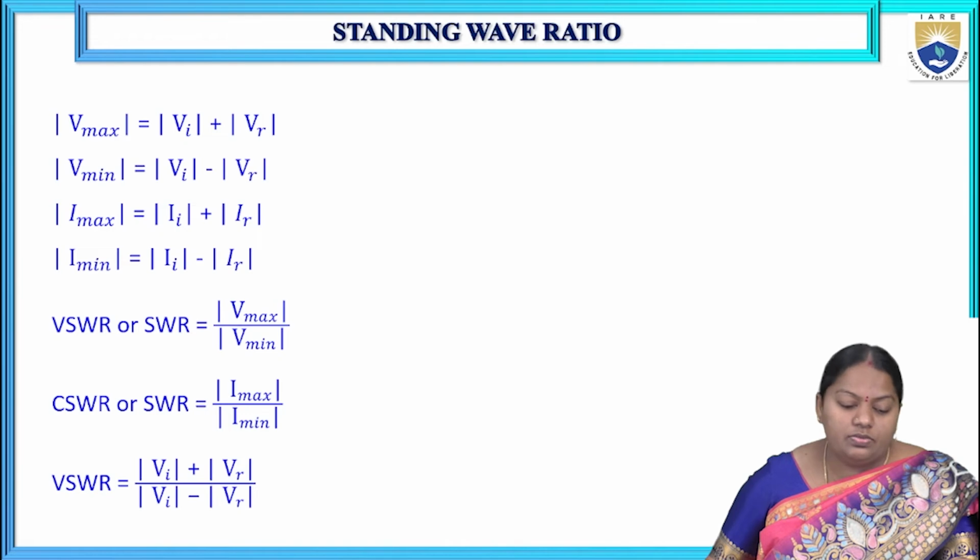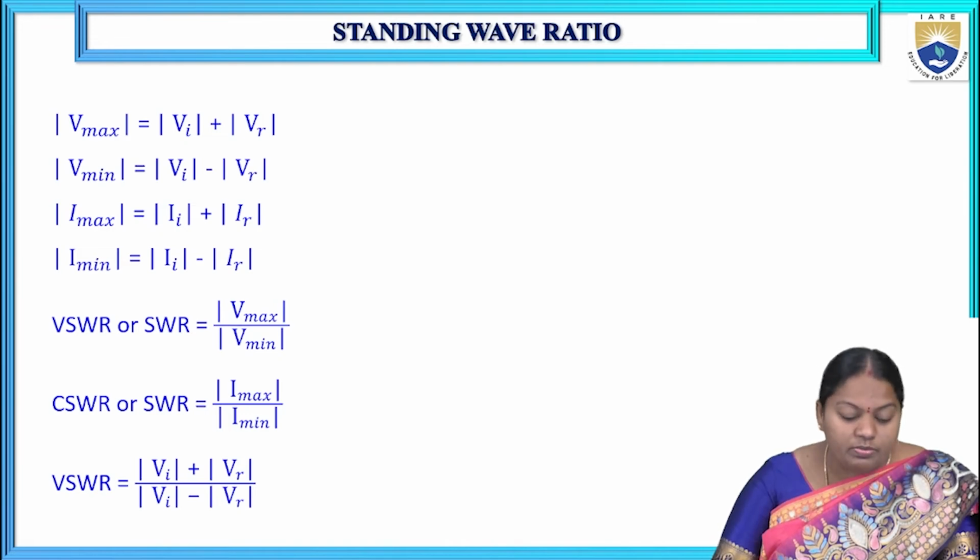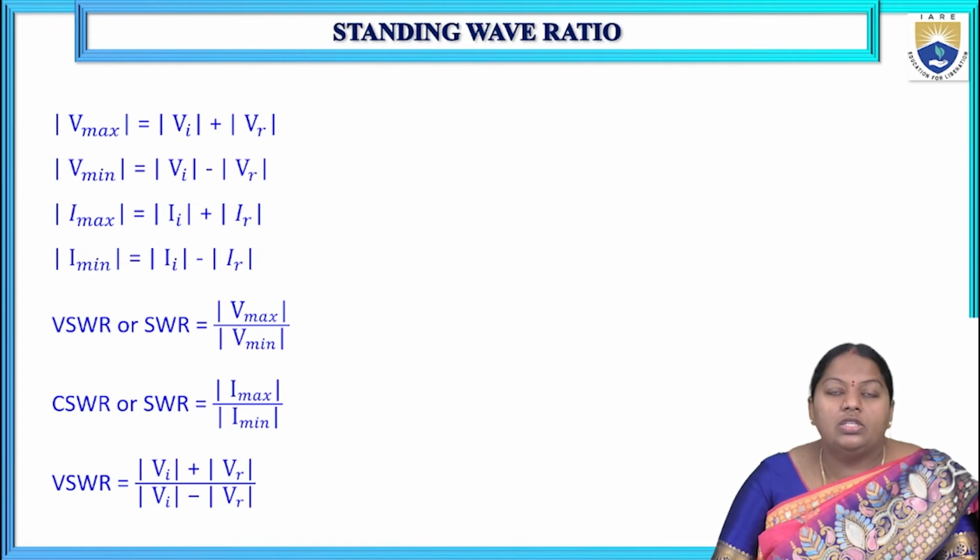To derive that, first V max, V minimum, I max, and I minimum are to be derived from the previous standing wave figure.